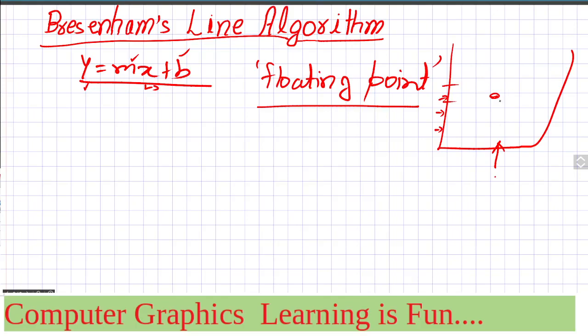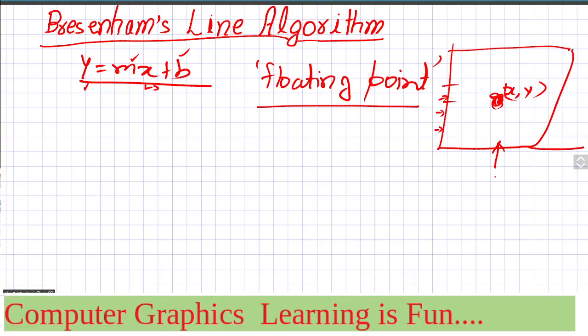The position of the pixel should be in terms of x and y, which is integer. So whatever value we get, we are going to round it off. So is there a way to make everything integer? Integer processing.